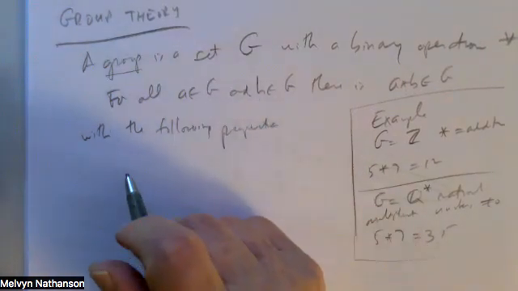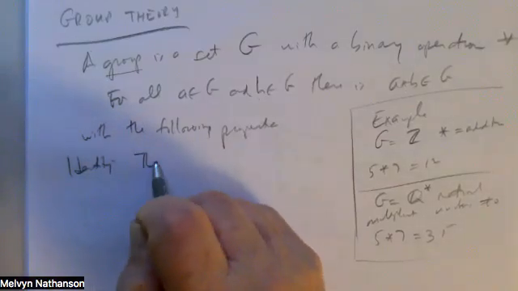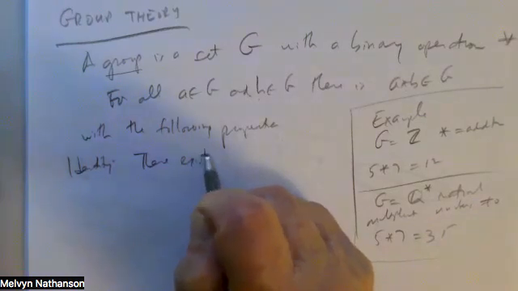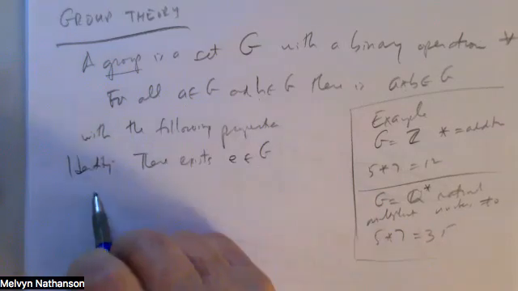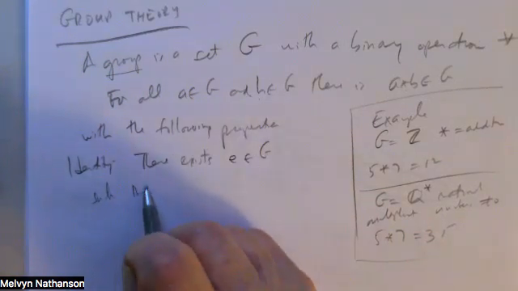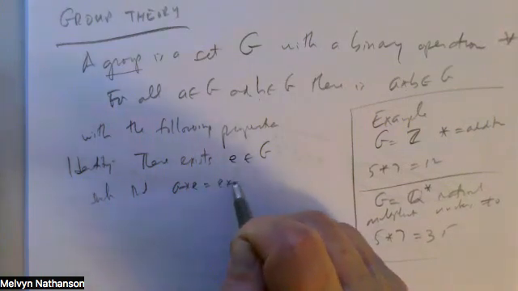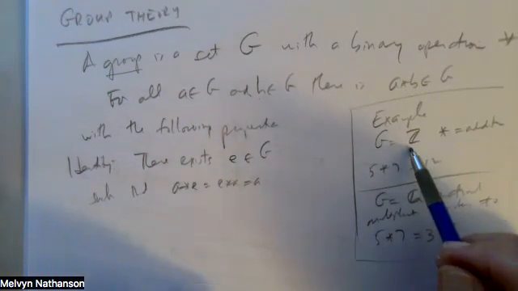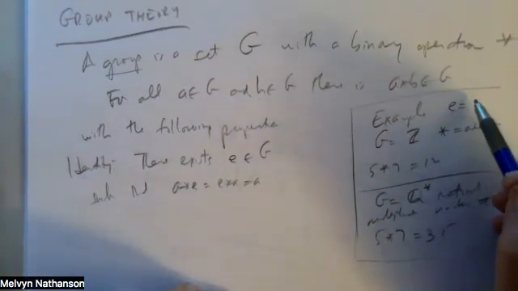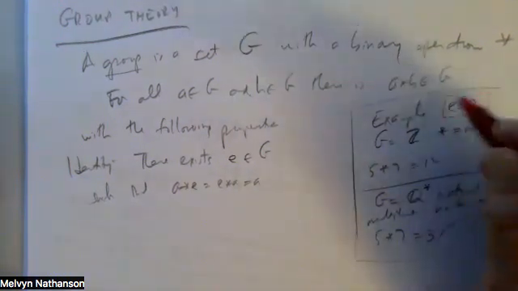The first is there's an identity element. There exists an element, I'll call it E, in the group, such that A times E and E times A are always equal to A. So for example, if you look at the integers under addition, the identity is just the number 0.